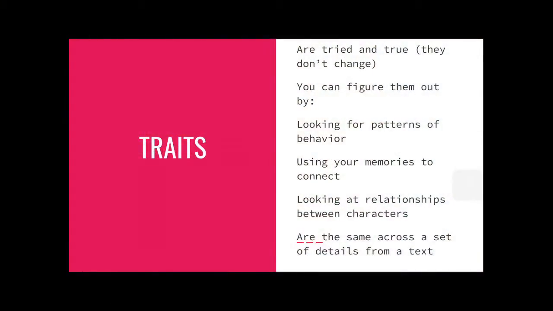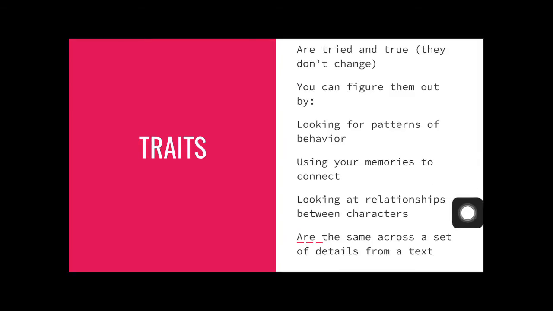So we just learned about traits from Miss Meckins. We learned that traits are tried and true. They don't change. You can use three different kinds of strategies for figuring them out. You can look for patterns of behavior: what is the same in the way the person is acting across the text? You can look for your own memories and connect: I remember that someone acted this way and they are like this.